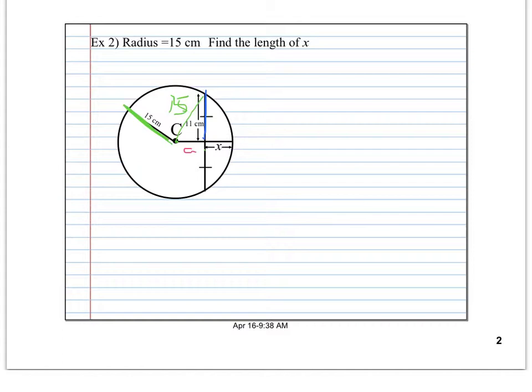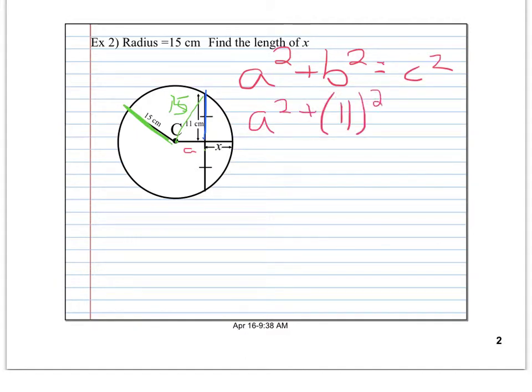A lot of these questions now will be at least 2 steps in order to solve. So for the first part, to find A, we have A squared plus B squared equals C squared. Again, we're looking for A. B will be 11 squared is equal to 15 squared. Bring the A squared down again.